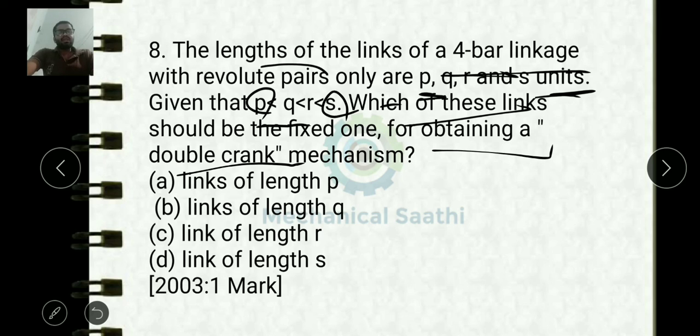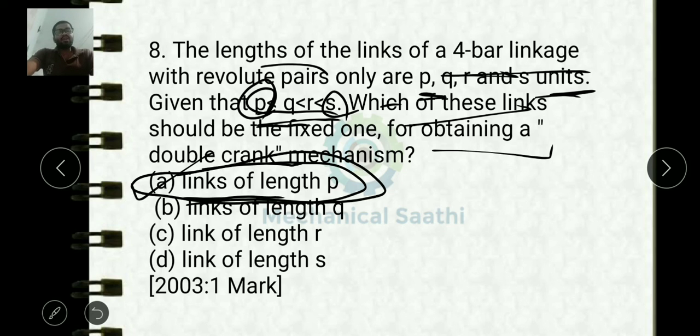We know that for getting a double crank mechanism we should fix the smallest link. From this relation, P is the smallest link, so option A will be the correct answer here. The link of length P must be fixed to get a double crank mechanism. Again, it was also asked in 2003 for a 1 mark question.